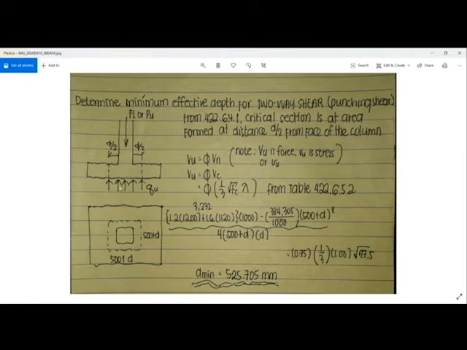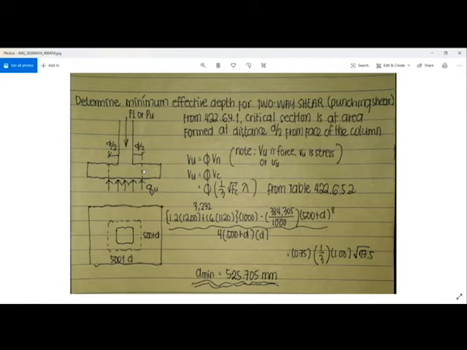Why? Because it is distributed on an imaginary square, which refers to the critical section of your footing against two-way shear. Usually kasi, from your strength of materials, shear stress is due to the force on an area parallel to it.